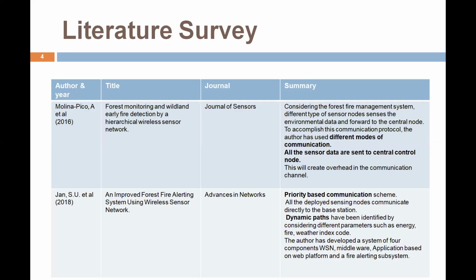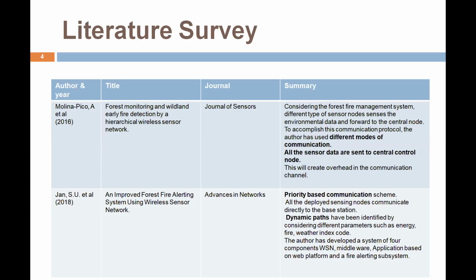Based on normal sensor networks, they used different nodes to identify fires in remote locations. They gather data on temperature, humidity, and seasonal parameters of the forest using sensors, and that is forwarded to the base station.